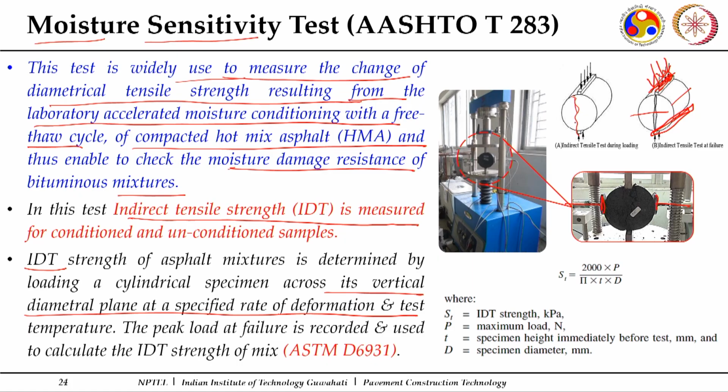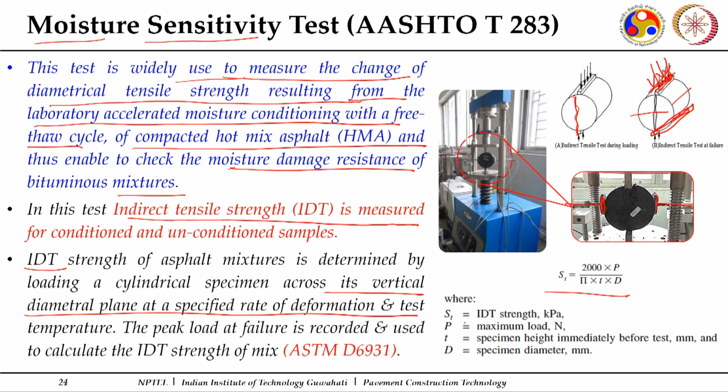So the loading is done at the diametrical plane, to get the peak load at which the sample fails. This gives you an idea about the tensile strength of this specimen, and the expression used is St, the IDT, indirect tensile strength in kilopascals, where P is the maximum load in Newtons, t is the specimen thickness, which is normally 2.5 inches, and D is the specimen diameter, which is 4 inches.